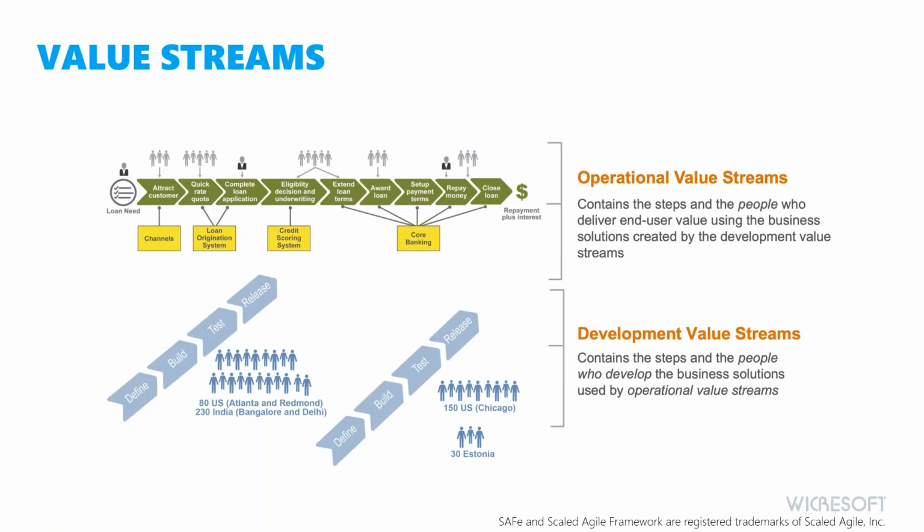Now, of course, there are not only process steps in that, there are IT systems, there are people in the front office, there are people in the back office, and so on.